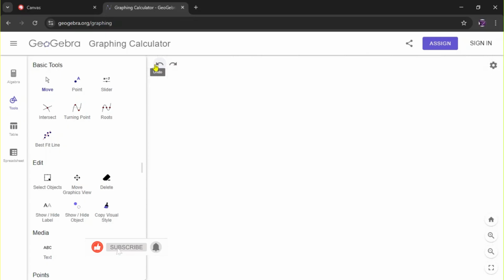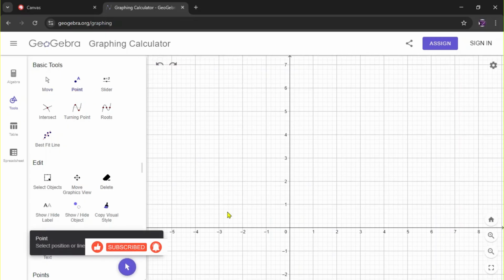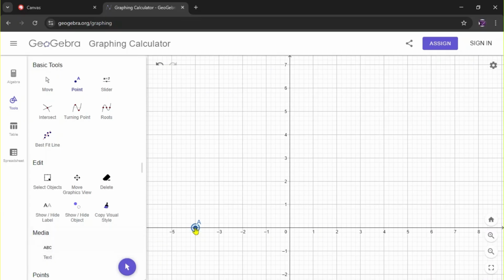If I pick points on the x-axis, let me check the coordinates of A here.